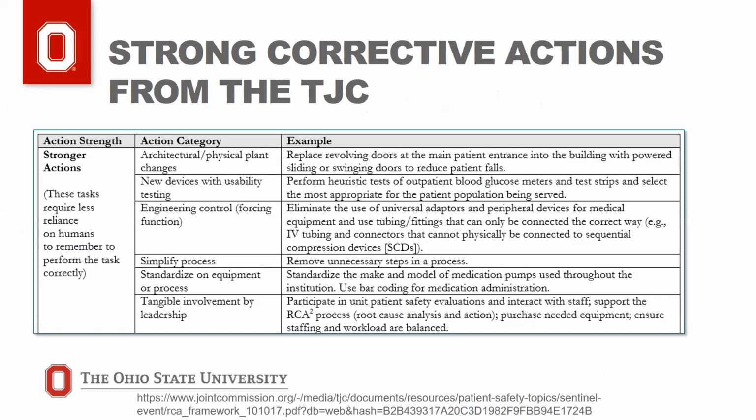And then let's think a little bit about what the Joint Commission wants to see. So they want to see what they call a strong action. This is directly pulled from the Joint Commission's suggested strong corrective actions. So you might look at this and think about how to phrase your corrective actions in language that the Joint Commission has put out saying are good to use.